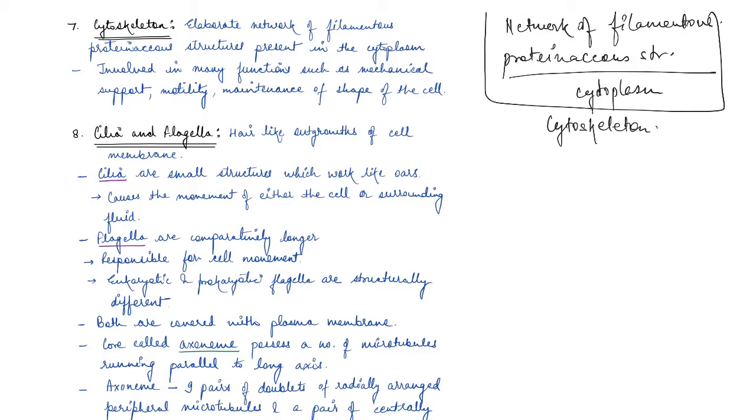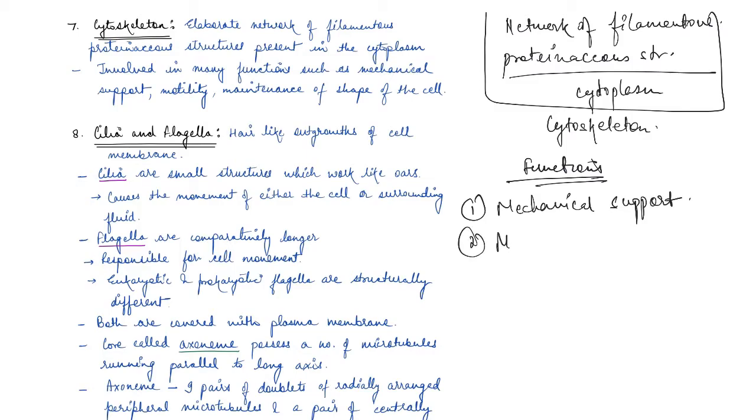Cytoskeleton in a cell are involved in many functions. So basically, the functions of cytoskeleton are, first, to provide mechanical support to the cell. They give, in many cases, motility to the cell.